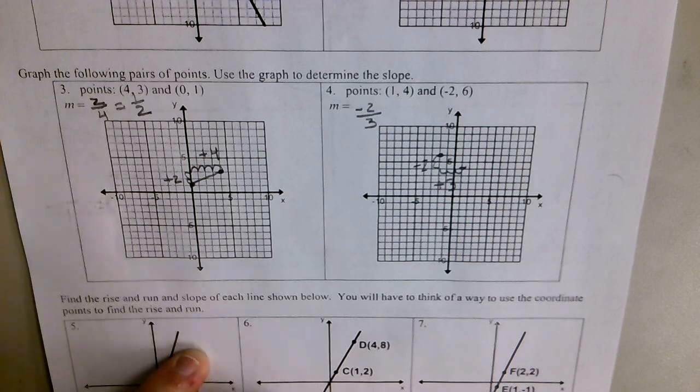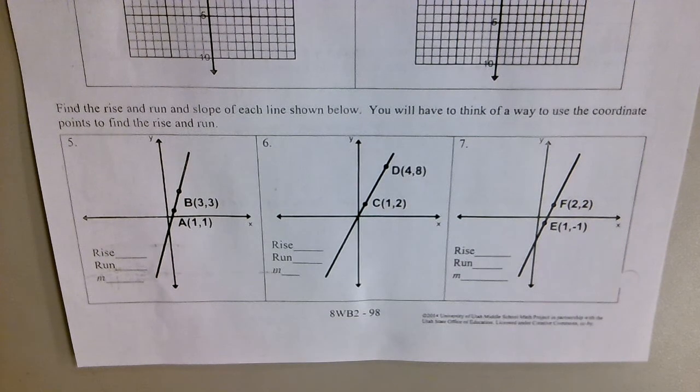So hopefully that was review. This next portion, however, is something a little bit different, new. So we're given points in a line and basically on a graph, but we don't have grid lines to count. So that's what makes this challenging, is we have to think of a different way to find our rise and run.